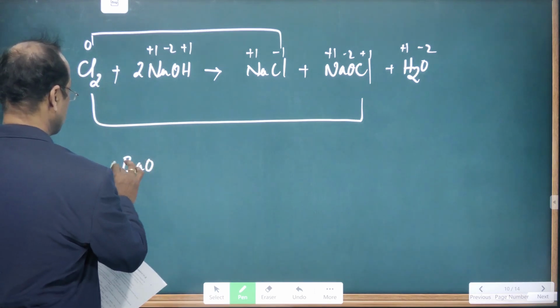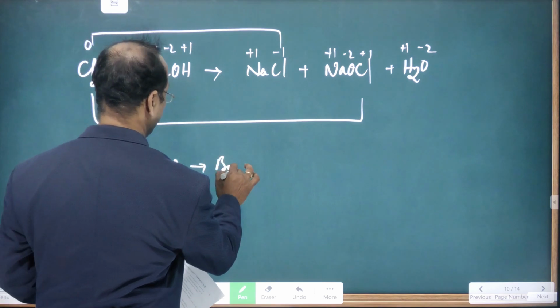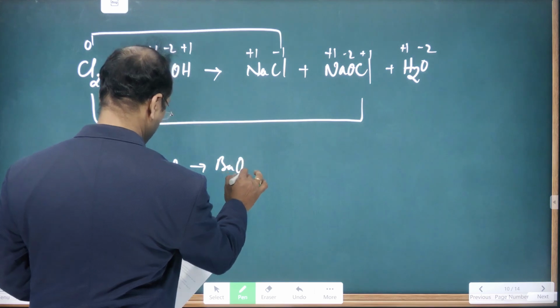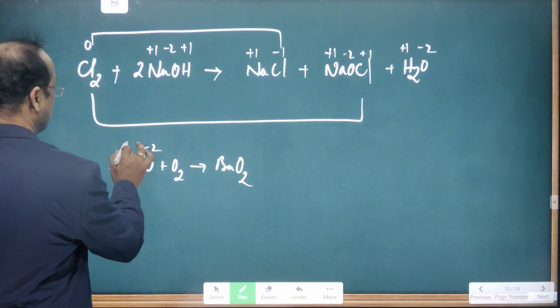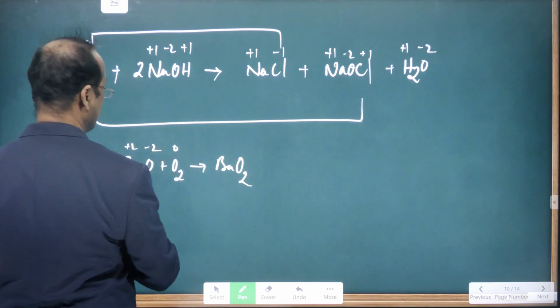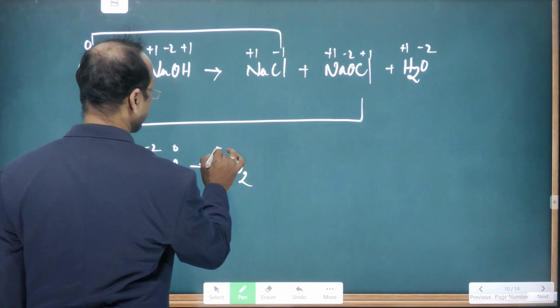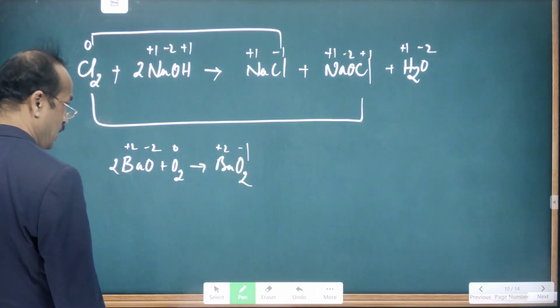Barium oxide plus O2 gives rise to barium peroxide, BaO2. Here oxygen is -2, barium is +2. Here oxygen is 0. And here barium is +2, oxygen is -1, correct?